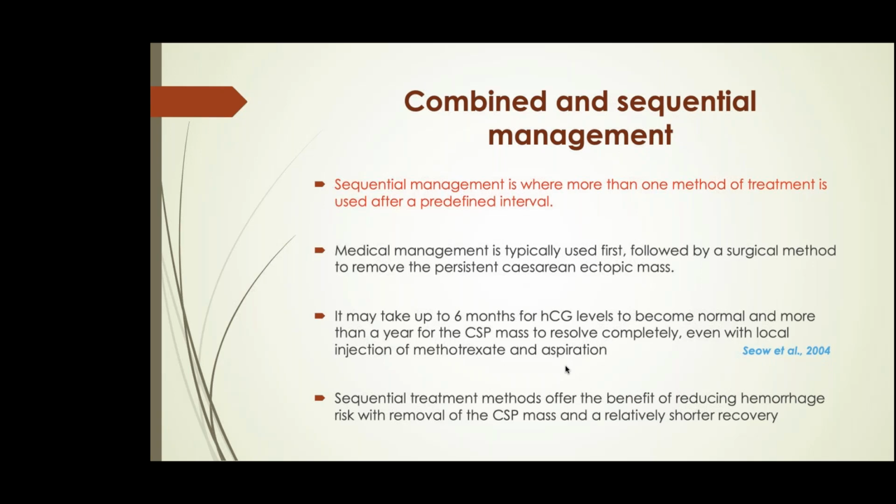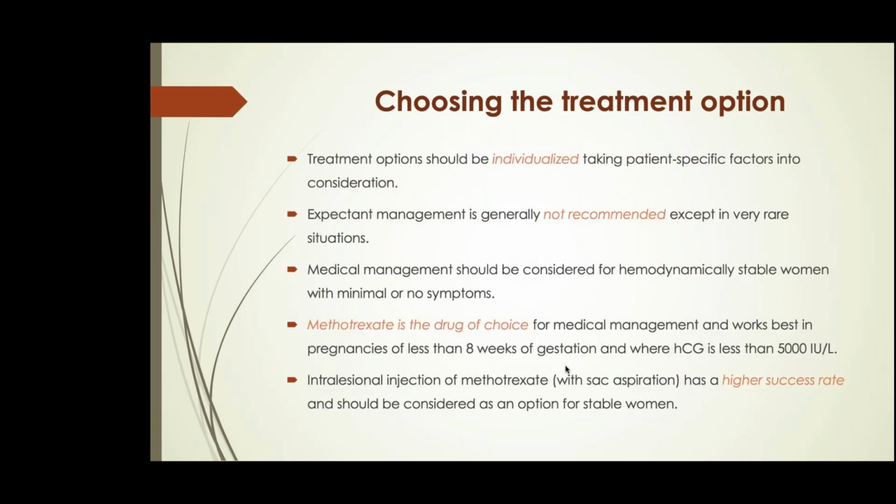As I said in the first slide about the management options, there is no consensus about it. But in general, methotrexate is the mainstay of treatment. So how would you choose the treatment option? The treatment options should be individualized, taking patient-specific factors into consideration.